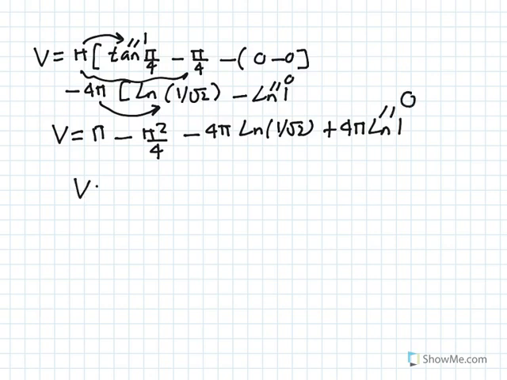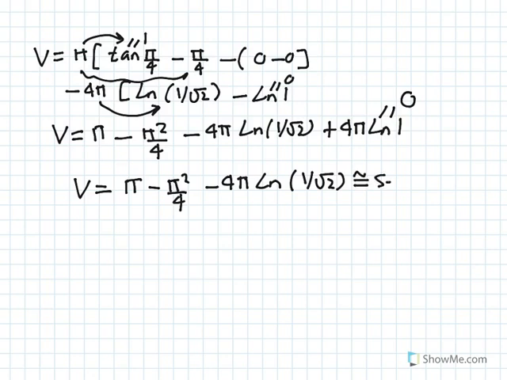So the final answer is volume is equal to pi minus pi squared over 4 minus 4 pi log of 1 over root 2. If we decimalize this, we will get approximately 5.03 for the volume of revolution.